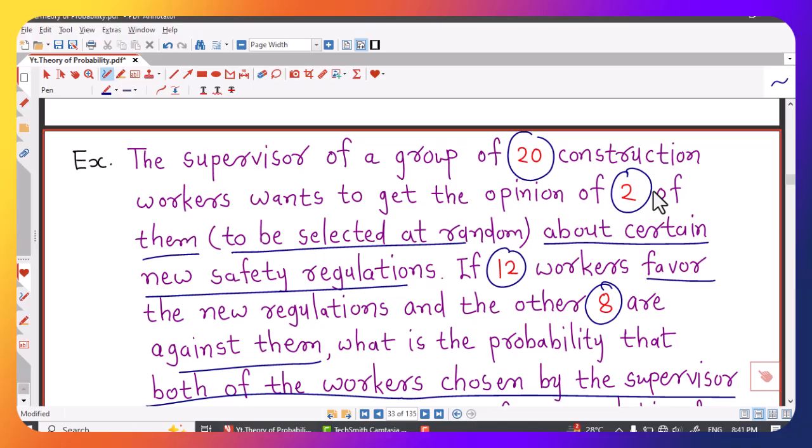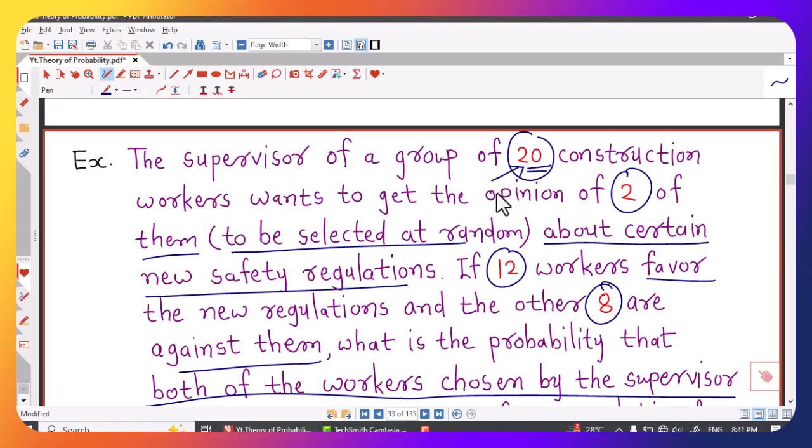After reading this question, you must be clear that they are talking about some safety regulations, and there is a group of 20 construction workers. The supervisor wants to get the opinion of 2 workers randomly selected out of these 20 workers.